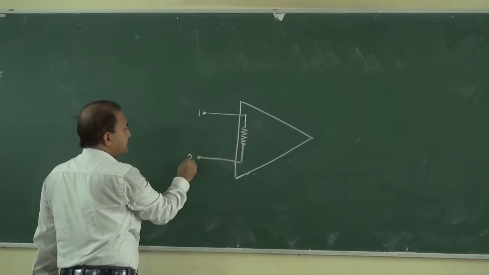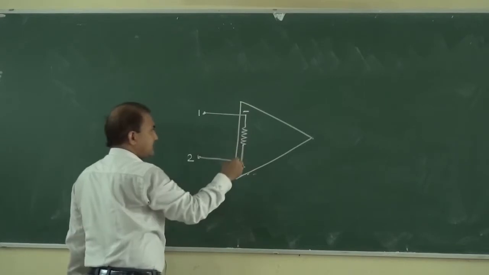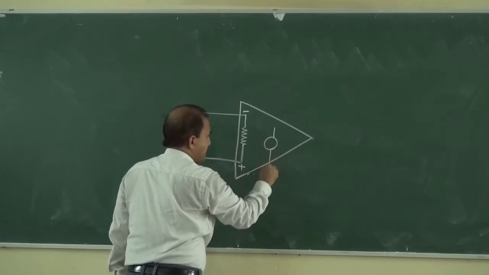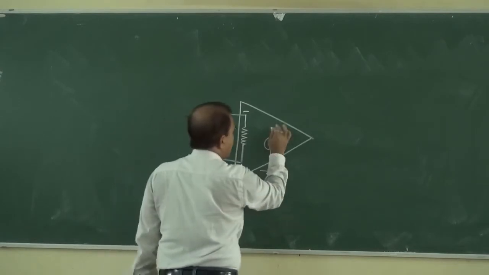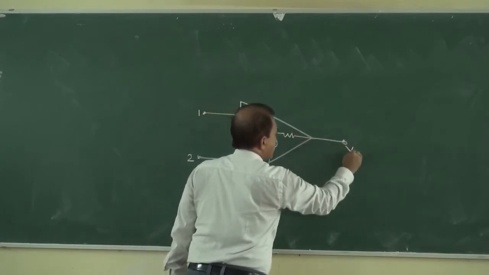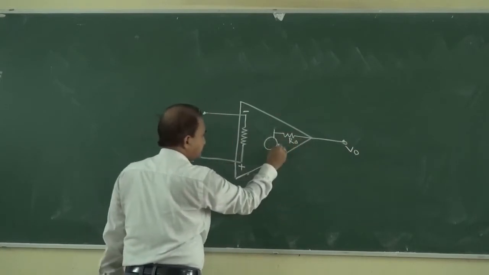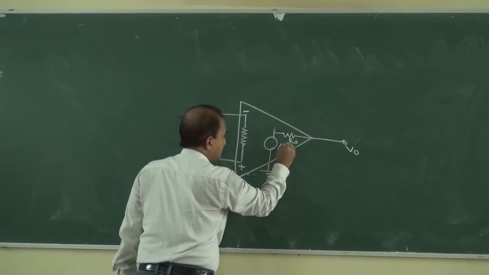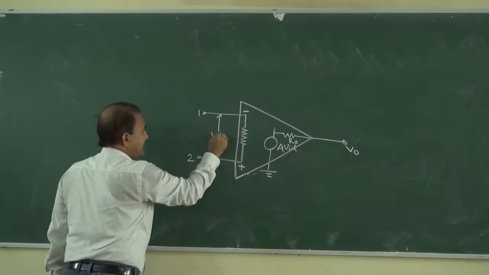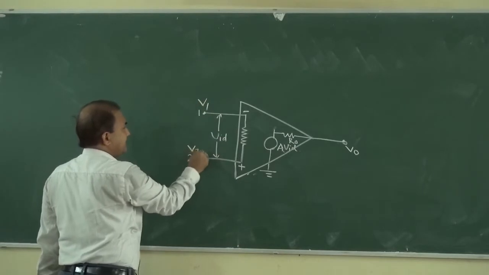Suppose this is terminal 1, terminal 2, and this is negative and this is positive. This is VID, this is V1 and this is V2.